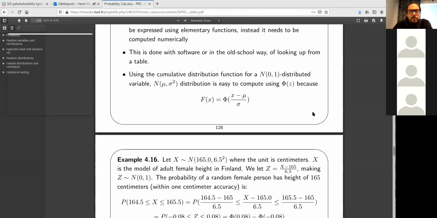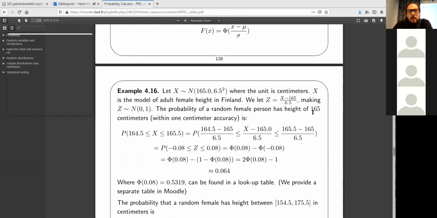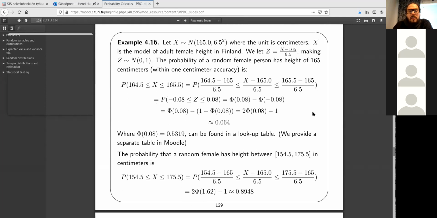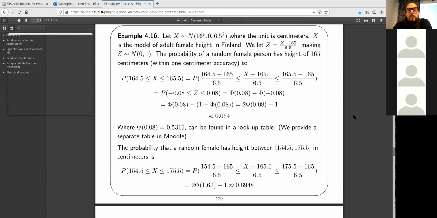So let's do the following one. Let's say that we model adult female height in Finland, and I'm not sure if these numbers are correct. I picked these up from some examples, so the numbers may not be completely accurate at this time.